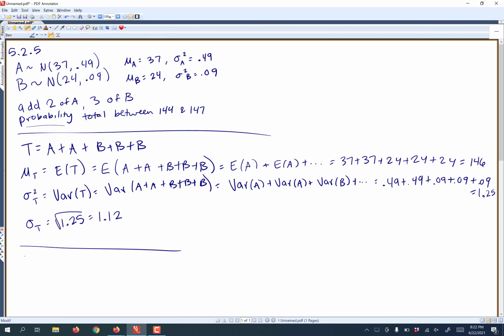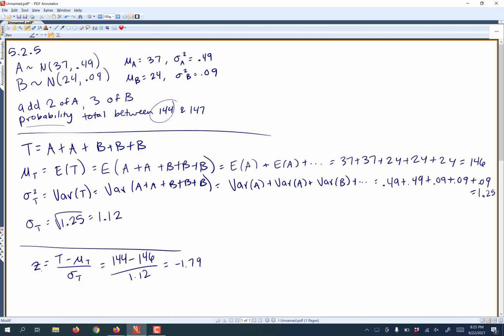Now I can find a z-value. Your z-value should be our t-value minus the mean of T over the standard deviation of T. The specific t-value I'm interested in, there's 2 of them, so let's start with 144. So 144 minus the mean of 146 over the standard deviation of 1.12.